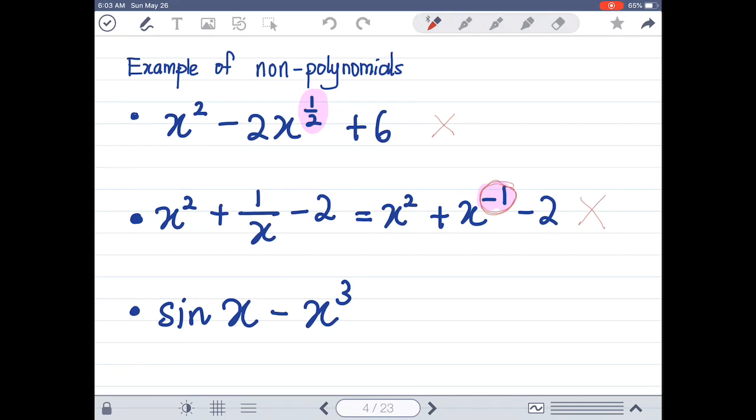And again, from the definition, n cannot be a negative integer. The third example is also a non-polynomial because we have sin x. If we have sin x or cos x or tan x, then the expression is not a polynomial.